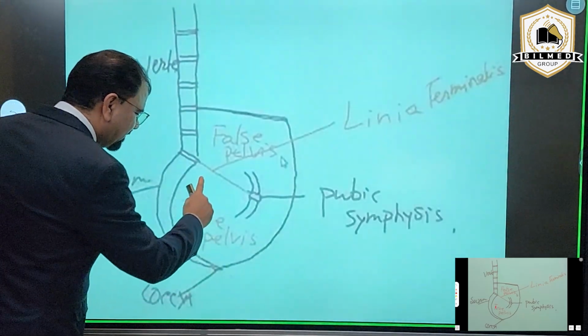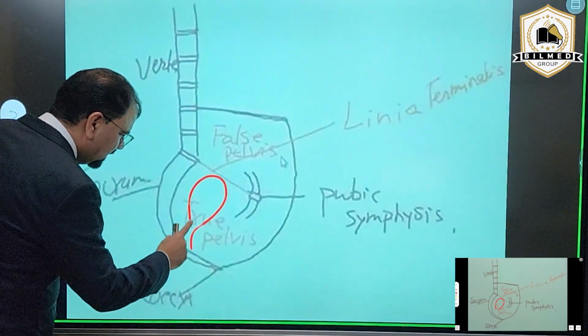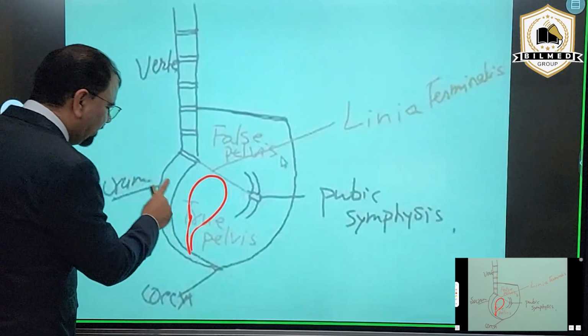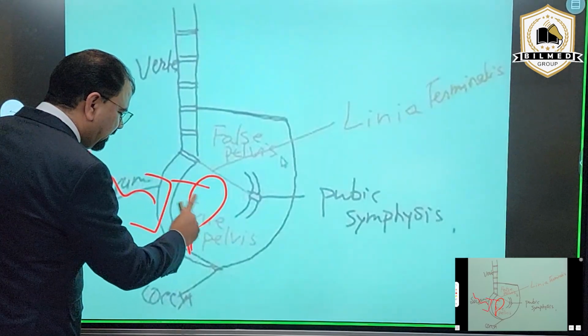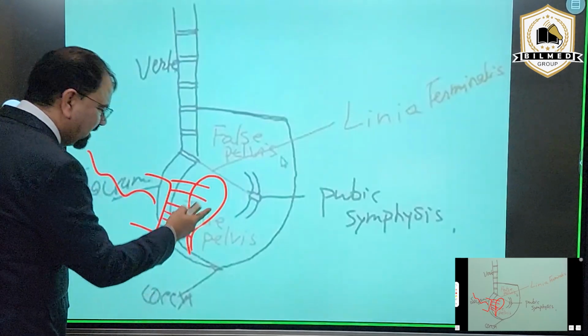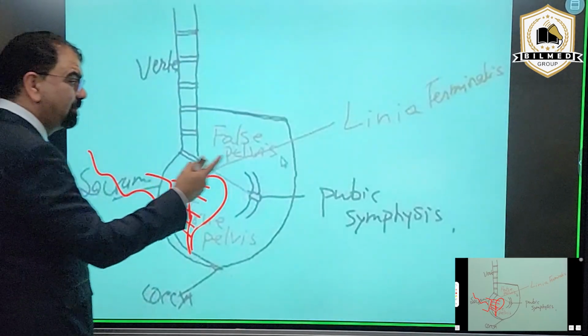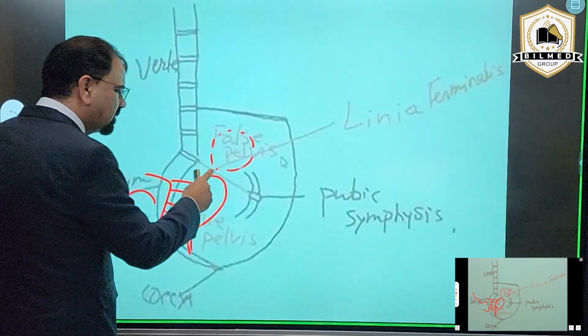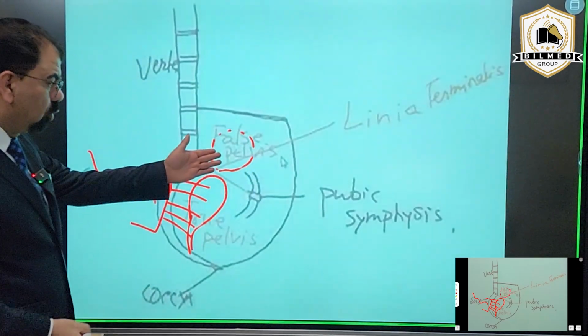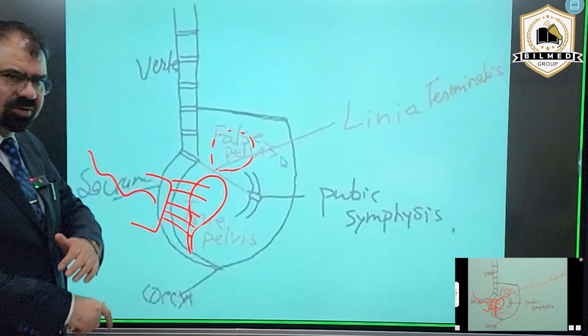You are putting your probe and you are seeing a beautiful uterus over here. Your beam is getting onto the uterus and there is nothing abnormal in the uterus, but maybe there is a pedunculated fibroid which is high up in the false pelvis. The point is how you will be able to scan the false pelvis.